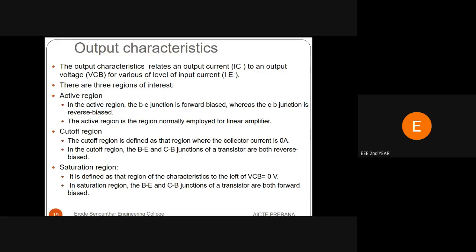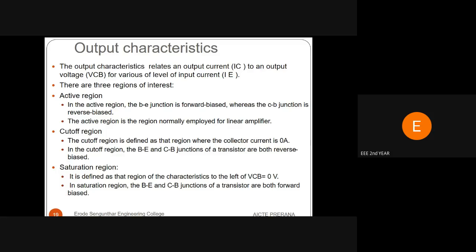The output characteristics consist of three regions: active region, cutoff region, and saturation region. In the active region, collector current increases to a magnitude equal to emitter current. That is, IE approximately equal to IC. In the active region, emitter base junction is forward biased, collector base junction is reverse biased.